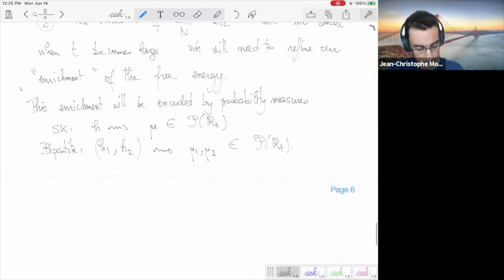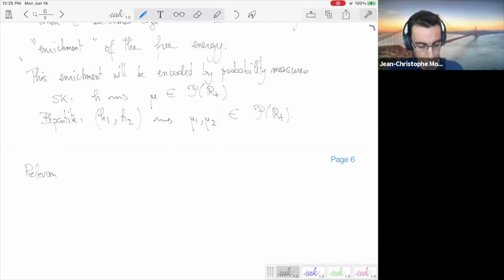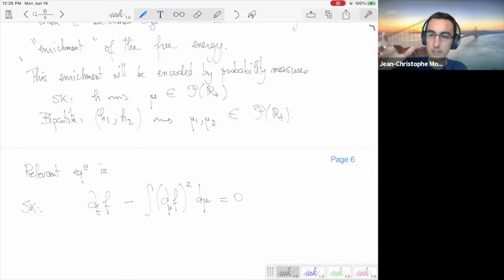And then the relevant equation. So for SK, it will look like this. Okay, maybe it's not super clear what it means exactly, but it's something that differentiates with respect to the measure, and you can think of this as being a very, very large vector which measures all of these small derivations you can do with respect to points on the support of mu, and then you sum it all up.